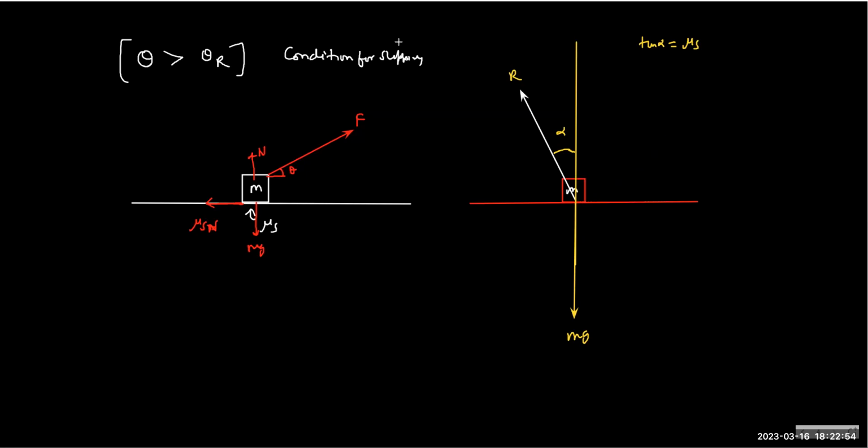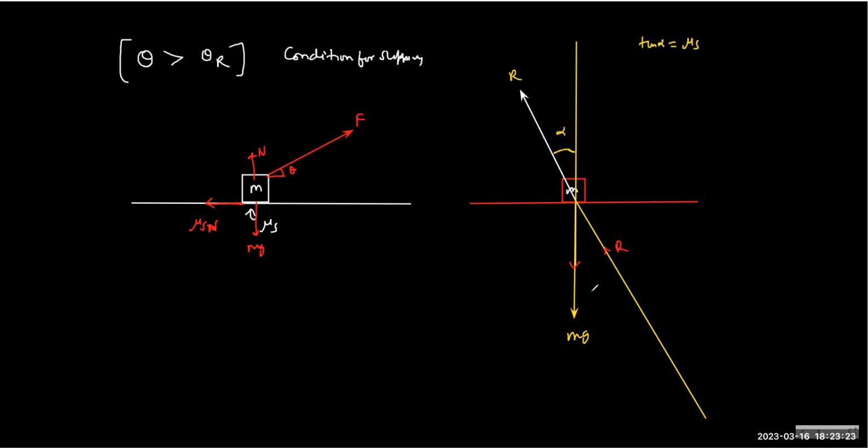What I'll do is I'll simply extend this line. So R, see, which force is variable? I think R is variable, right? So mg is a constant value. Mg is a finite vector. R is not a finite vector. R depends on the situation. So what we do is, this is the R vector.